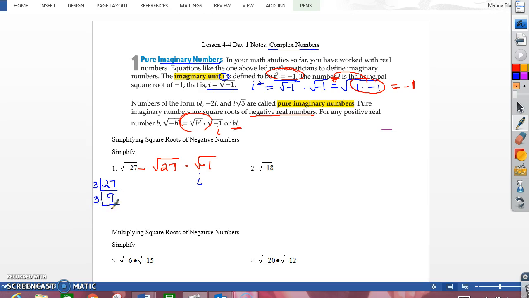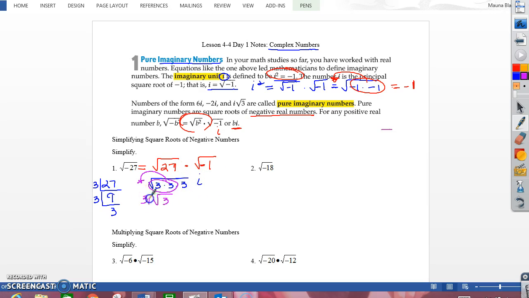I can divide by 3 again, and I get 3, and 3 is prime, so I'm done. Then I've got the square root of 3 times 3 times 3. We're doing a square root, so we take out pairs. There's a pair of 3's that comes out, only one survives, and then we have the square root of 3.